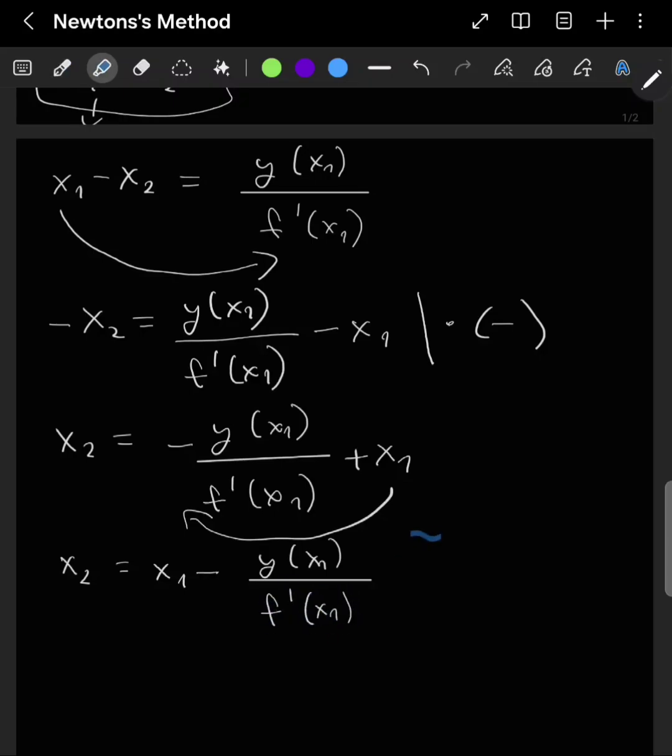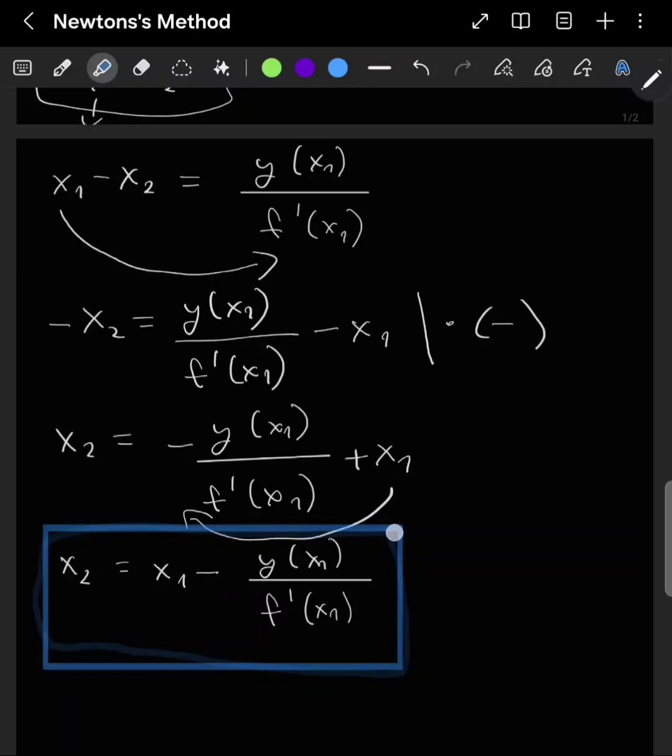So here's the formula we know. Basically, we can change this y into f since it doesn't make a difference, right?